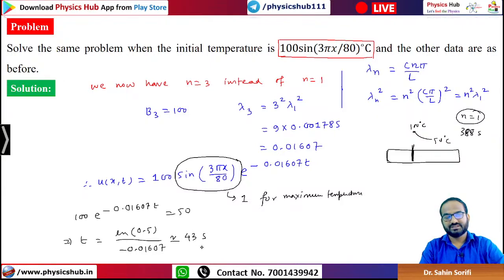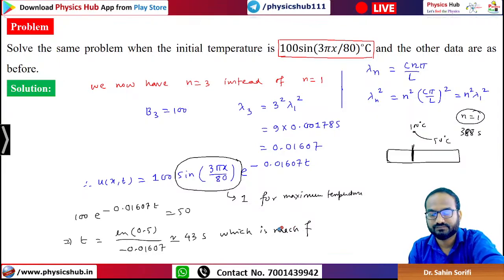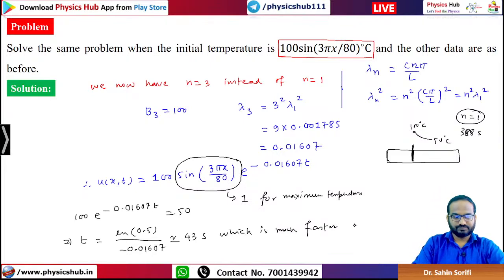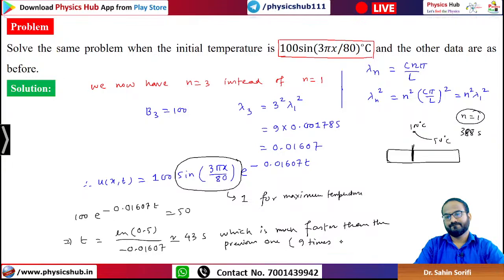It is cooling much faster than the previous mode. We can say 9 times as fast as the previous case.